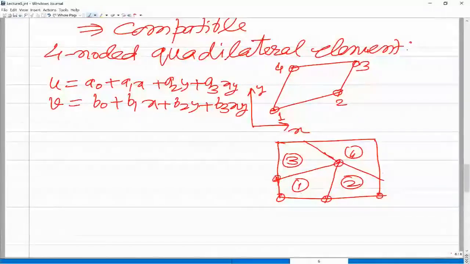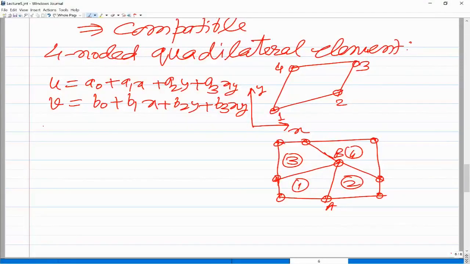So we discretize this domain using this kind of elements. And now let me look at any one boundary. So let us say I take AB, and this AB is shared by both elements 1 and 2. So whether we have same variation of u and v along AB or not from element 1 and 2. If they are same, then it's compatible. If not, then this will not be compatible.